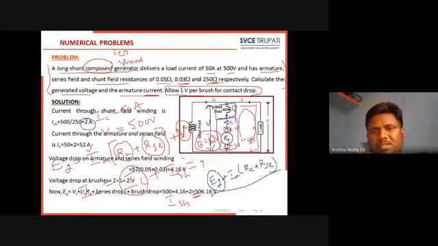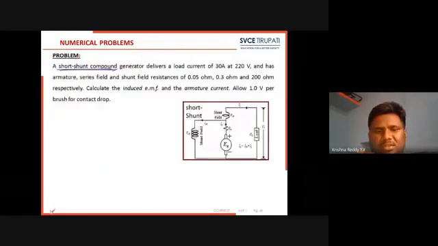If the shunt field winding is connected across the series combination of armature and series field winding, then it is a long shunt compound generator. If it is directly connected across the armature, then it is a short shunt compound generator.